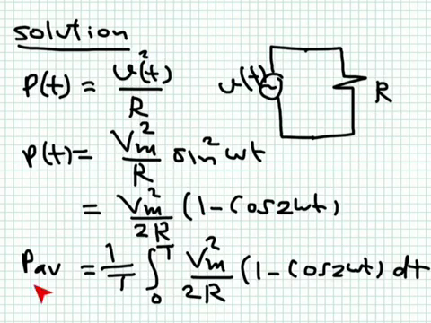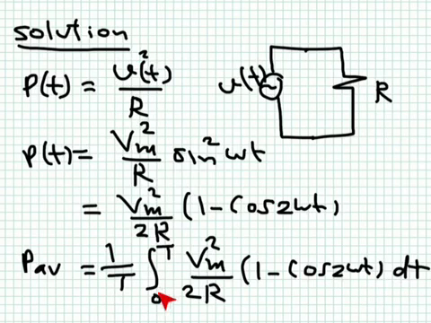So the power delivered to the load is really varying with time. In order to determine the average power, we integrate over the periodic time from 0 up to T, and then we divide by the periodic time. And as I explained earlier, the integral from 0 to T of cosine omega t dt will be 0. And the integral from 0 to T of cosine 2 omega t dt will be 0.